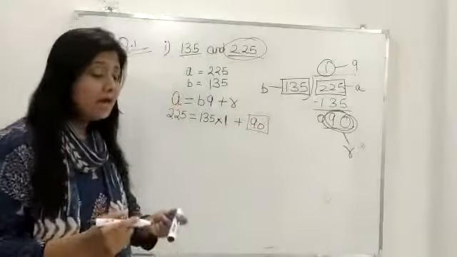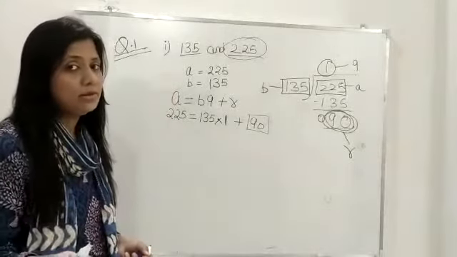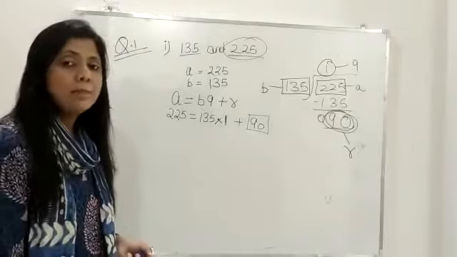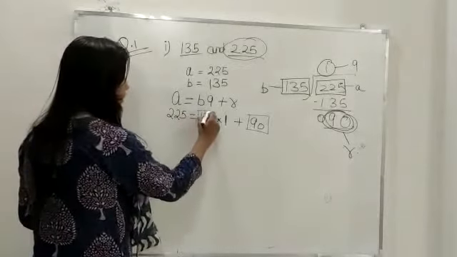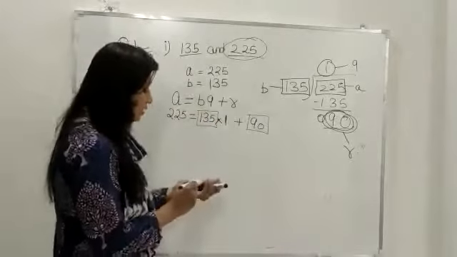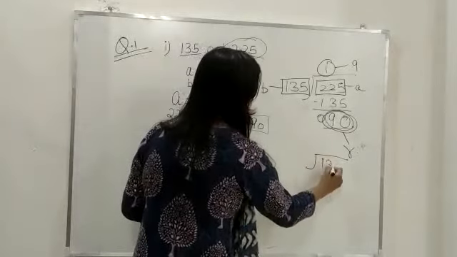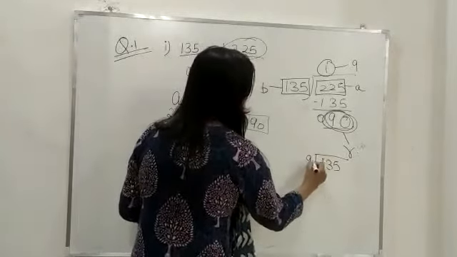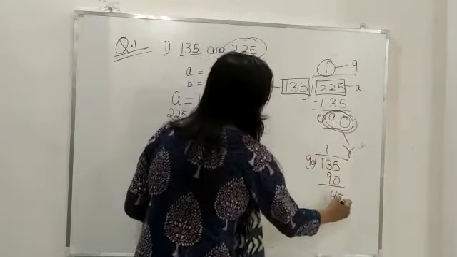So again I have to apply Euclid's division algorithm, but this time on these two numbers, that is 135 and 90. Let's divide 135 by 90. 90 times 1 is 90 and remainder is 45.